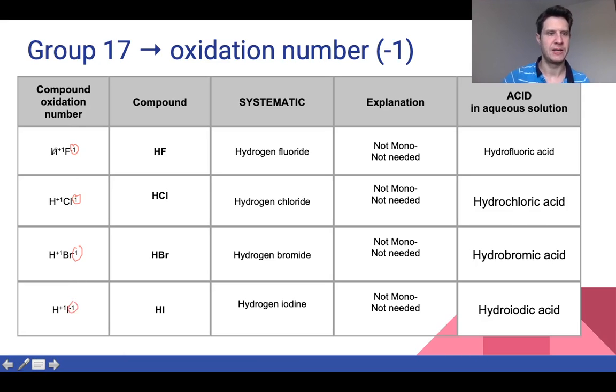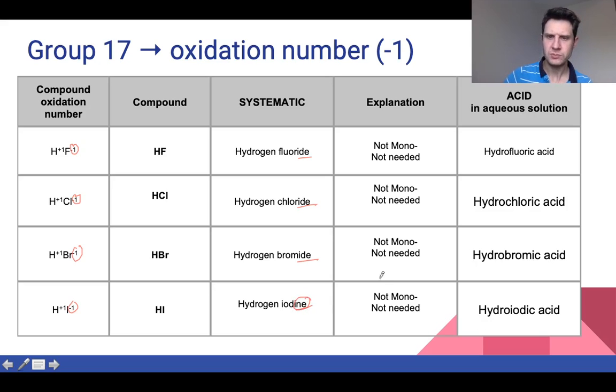Okay, we write again hydrogen and then the element. And because both of them have 1 as an oxidation number, we don't write it. Okay, so hydrogen fluoride, hydrogen chloride, hydrogen bromide, hydrogen iodide. Okay, this is kind of an exception.